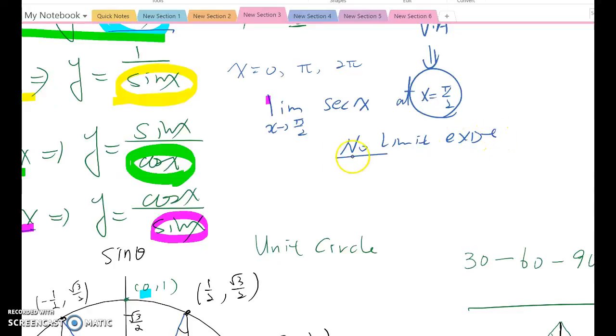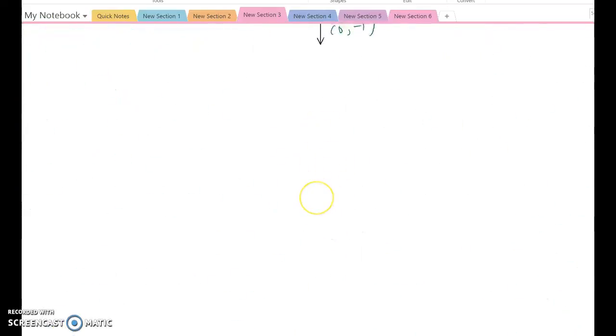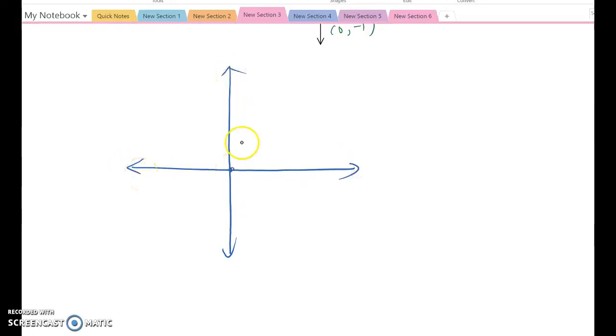That's it. Okay? However, what if the question asks you only for a one-sided limit, such as only the positive side or negative side? Good? Then it can be a different story. So let's go down here. For the quadrants here, centering on the origin point, this direction is positive x, and this direction is negative x.